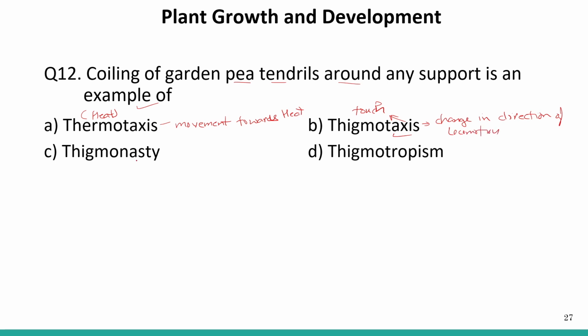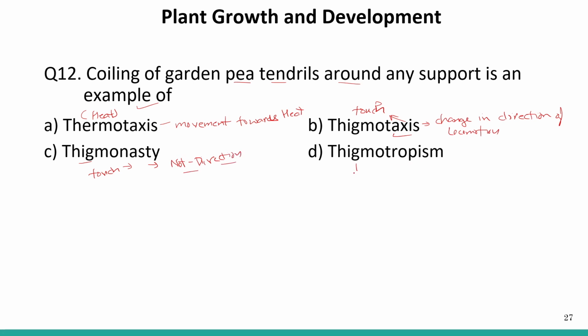Now what is thigmonasty? Thigmonasty is again related to the touch stimulus, but it is not directional. It doesn't happen in one direction; it can happen in any random direction. What is thigmotropism?